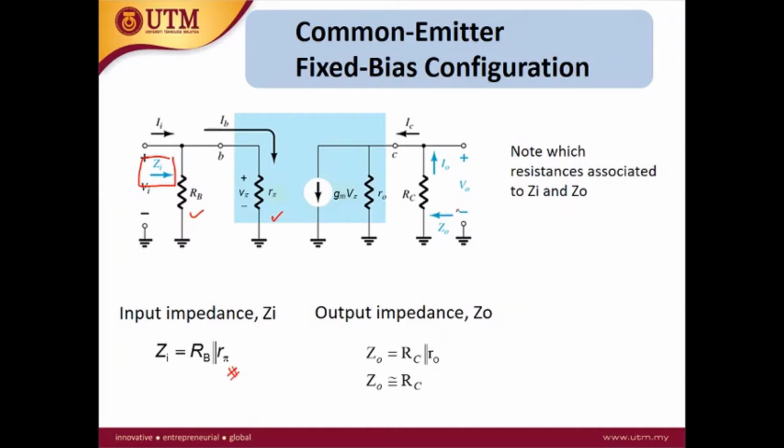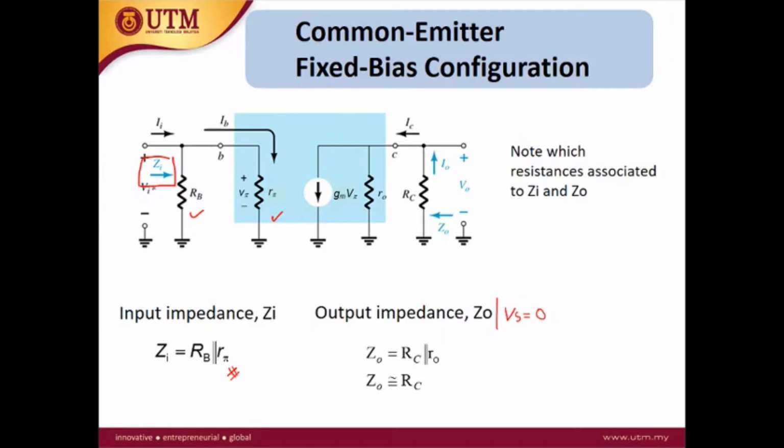The output impedance is seen from the output port. Actually, we will see RC, R0, and GM V pi. But take note that for the output impedance we need to consider when Vs is equal to 0, or when the input is equal to 0.